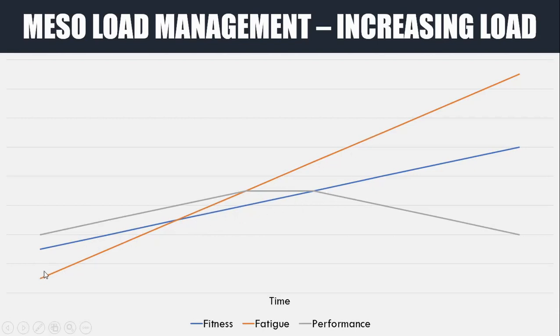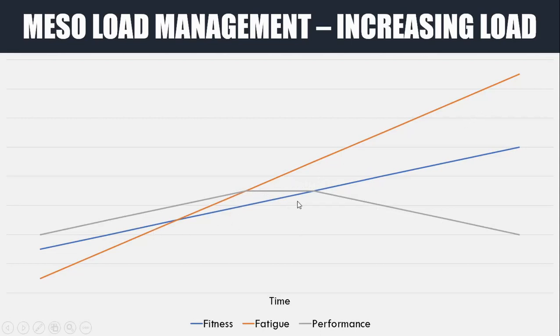So as our load continues to increase over weeks and weeks and months, our fitness is going to increase, but our fatigue is going to accumulate even faster, which means in terms of performance, we're going to see some increases over time, followed by a plateau and potentially even decreases in performance when our fatigue accumulates really high.